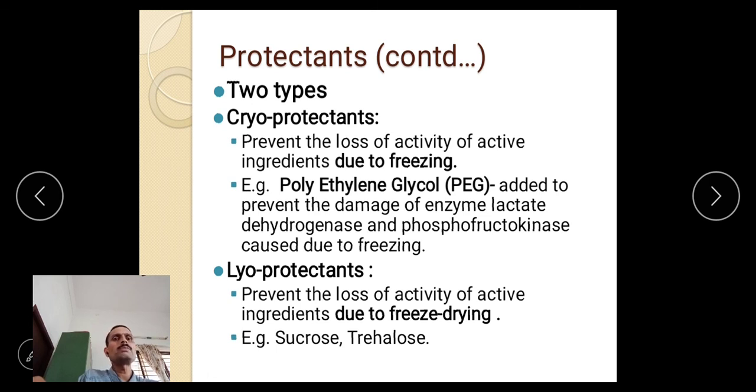Some drugs like biological hormones you cannot dry as such in a dryer, so we have to use the freeze drying process. We add a lyoprotectant to prevent the loss of activity of the active ingredient. Examples are sucrose and trehalose, which prevent the loss of drug.